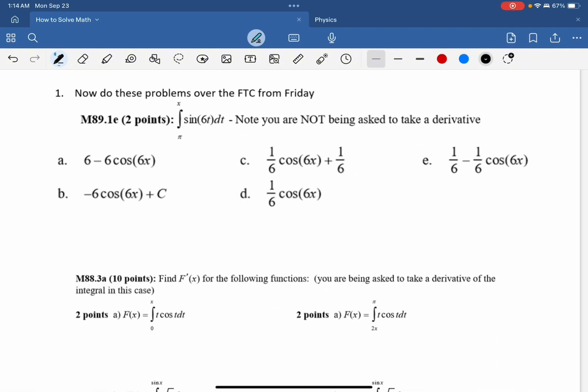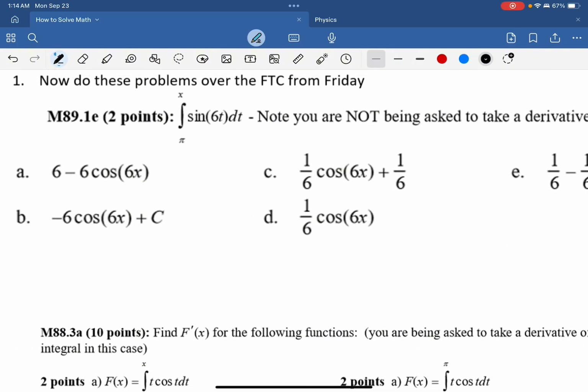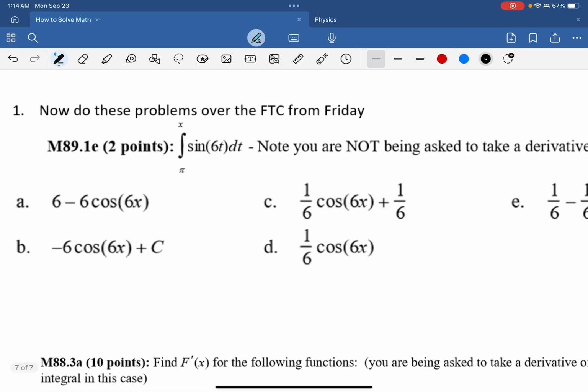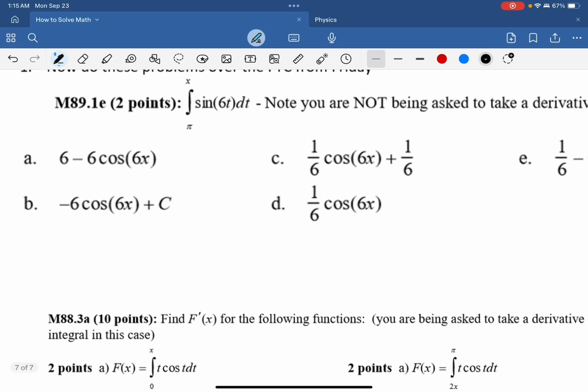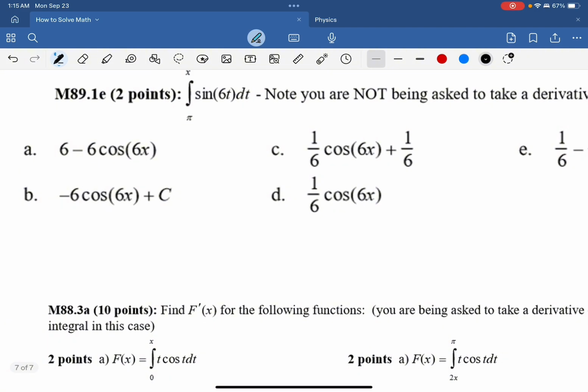This one is super simple. All you gotta do is, let's see, oh yeah, take the integral of this. So this is gonna be negative cos of 6t divided by 6 from pi to x.